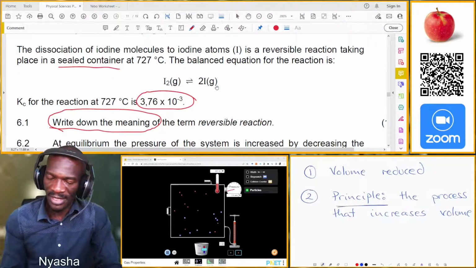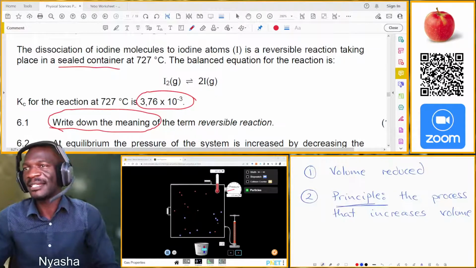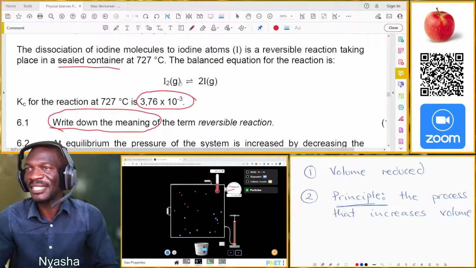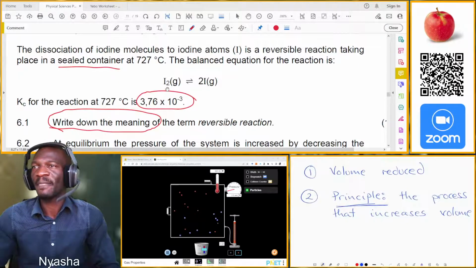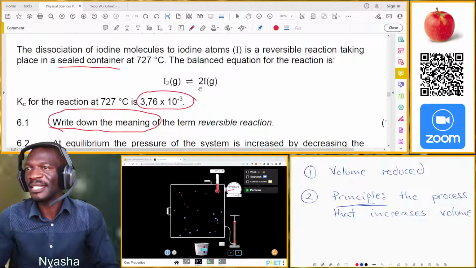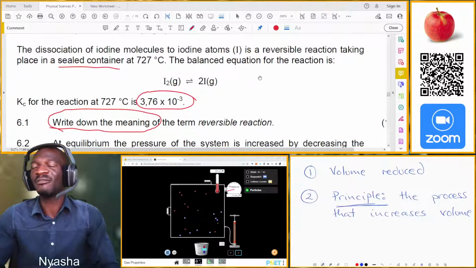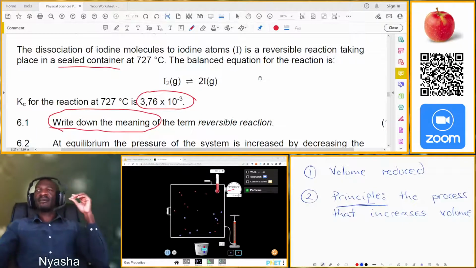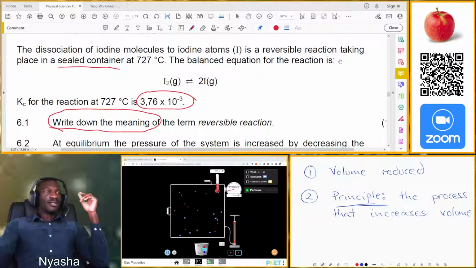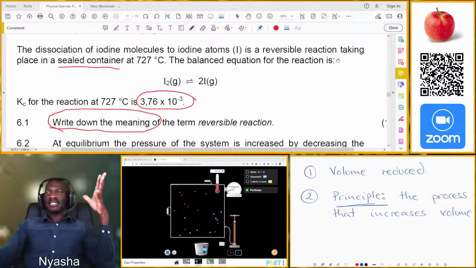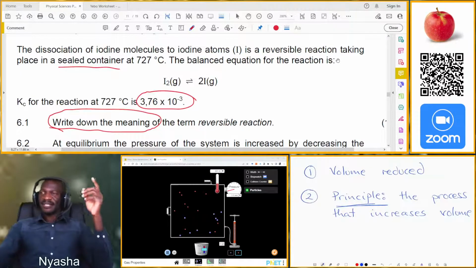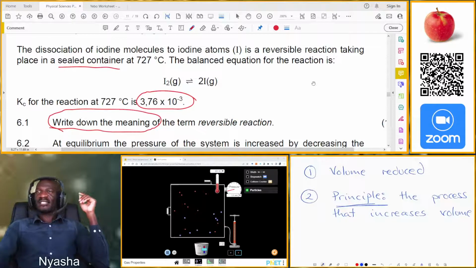So from Le Chatelier's principle, you can tell that the reverse reaction is promoted, because this one has fewer molecules. Stoichiometrically, here we just have one diatomic iodine. So the reverse reaction here is promoted.